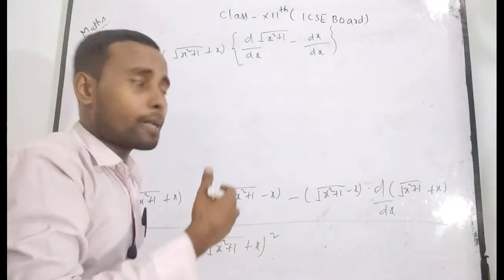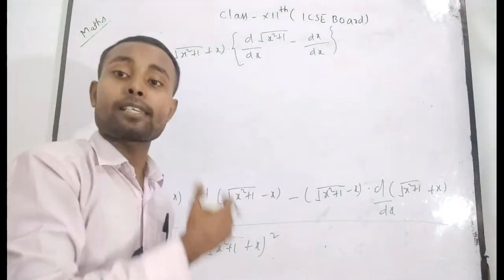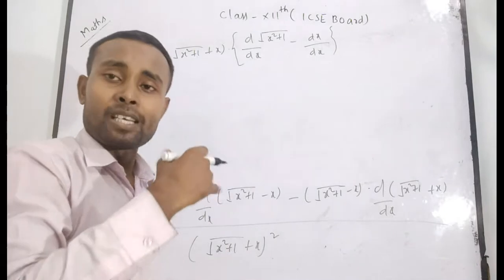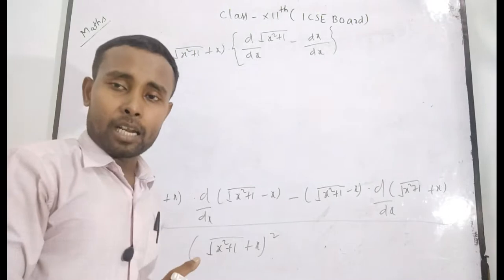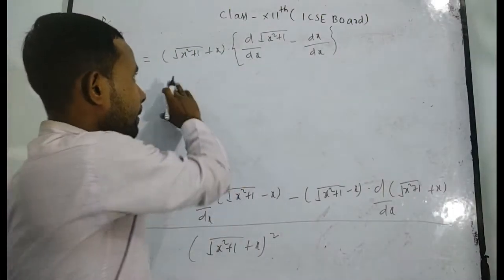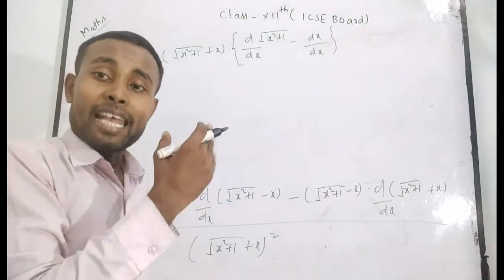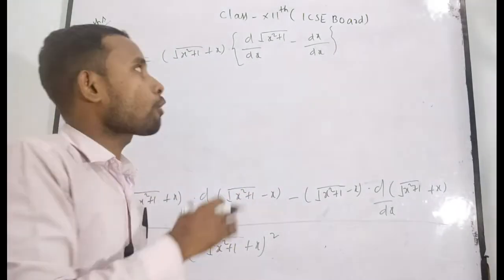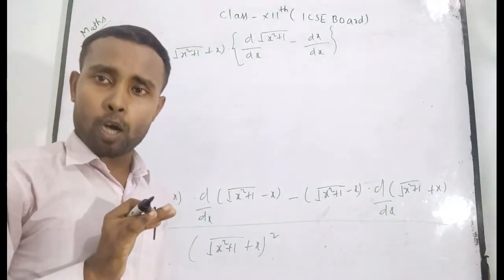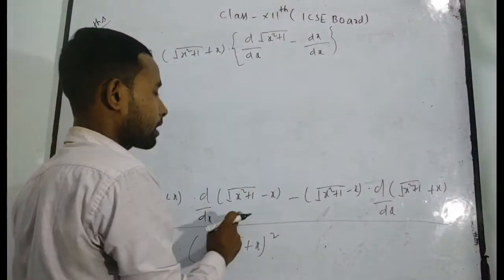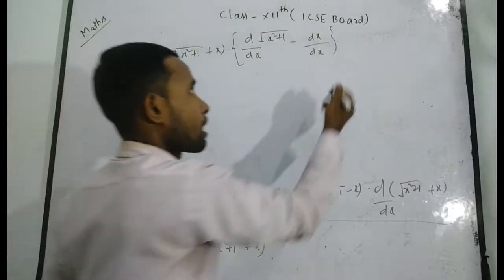If there are two or three functions expressed in sum or subtraction form, then while finding the derivative of the given function, you take the same form, addition or subtraction, and differentiate all terms individually. I have already discussed this, so: the derivative of root under x square plus 1 with respect to x minus the derivative of x with respect to x, minus.